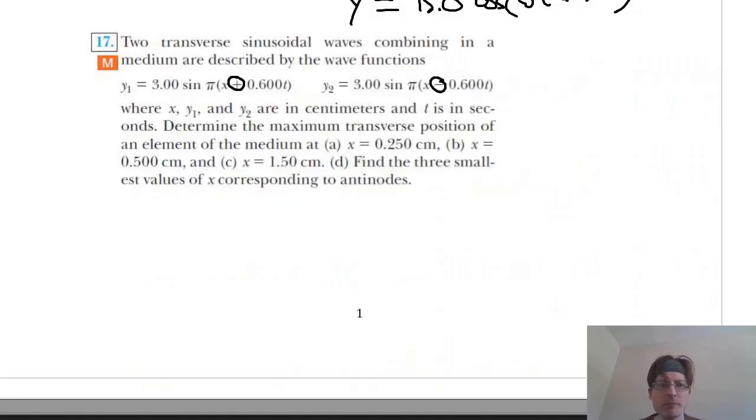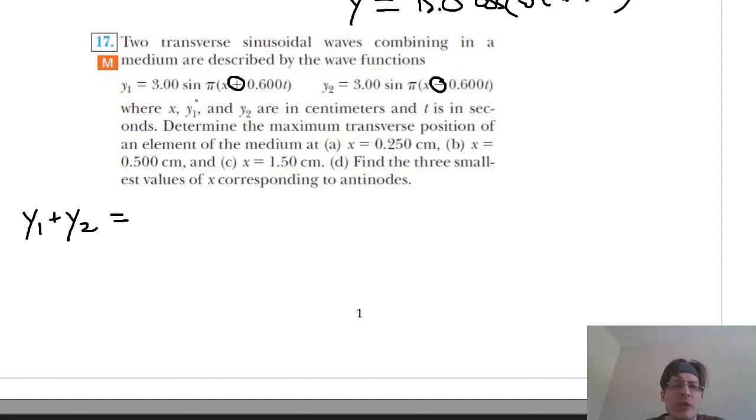resultant. So here we have to add y1 and y2, and we want to figure out what the combined wave looks like. We'll find the result is very surprising. So I add them up.